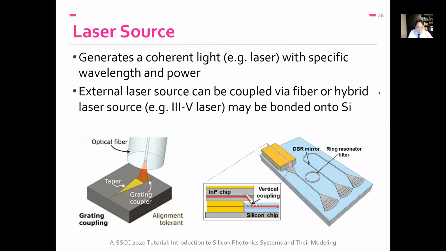Now that we talked about optical signal, let's talk about the source that generates that optical signal. There are various laser sources we can use in silicon photonics system, and they generate coherent light, basically light that has a stable frequency and phase.